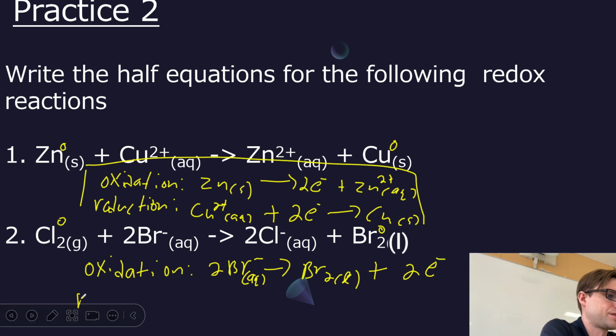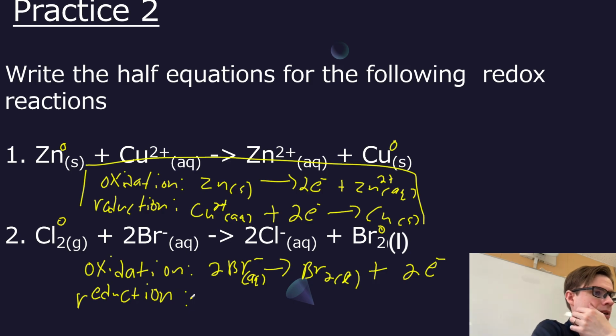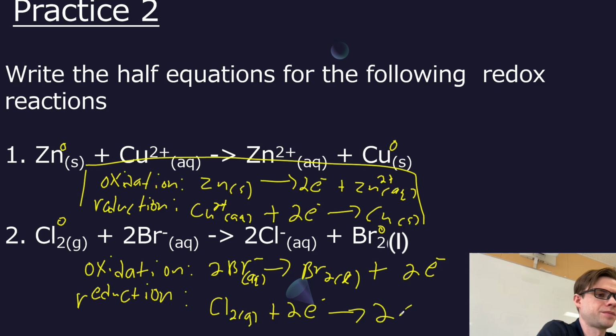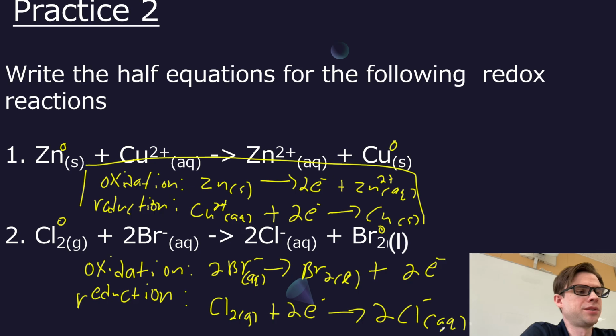And then reduction. We'll have the Cl2 gas get 2 electrons and go to 2 Cl- aqueous. Okay, so we were lucky with these two. They're very easy.